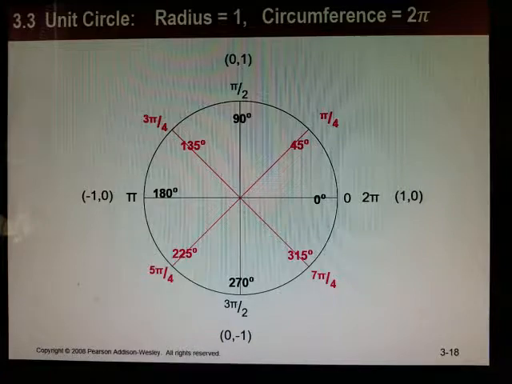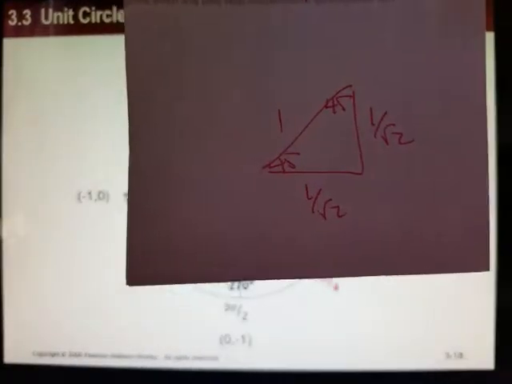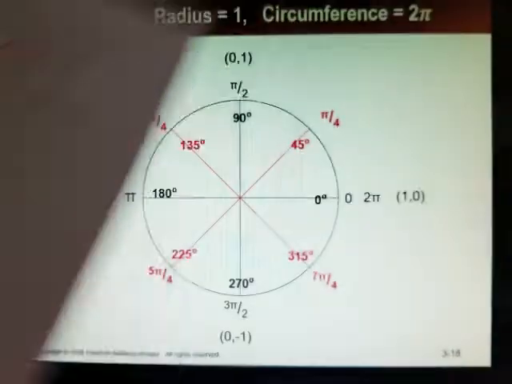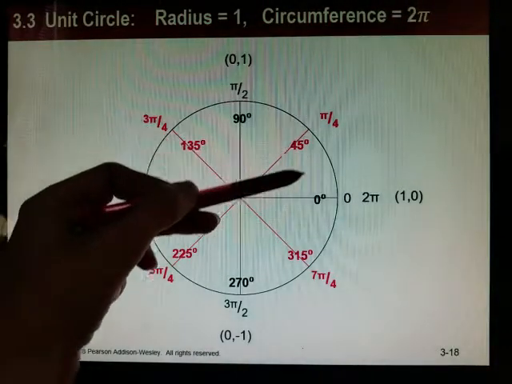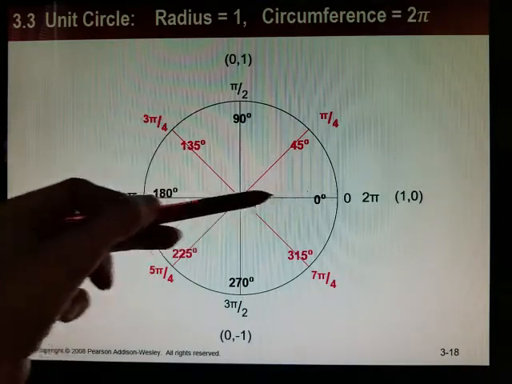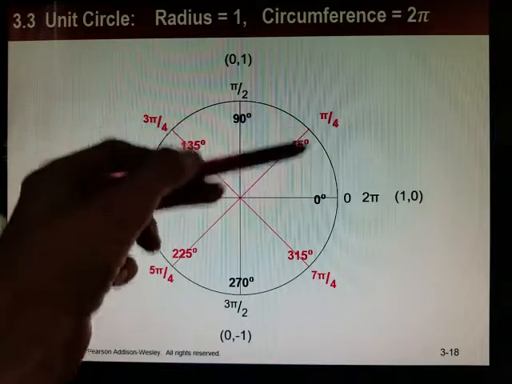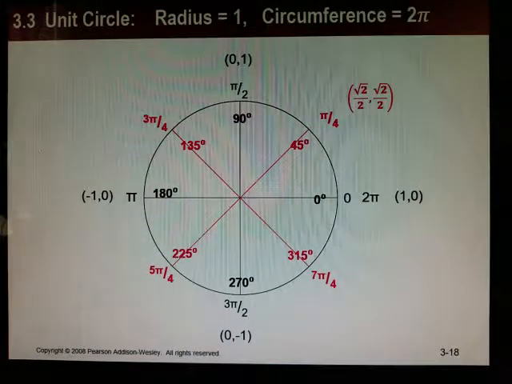Now, a minute ago, we did that 45-45 right triangle, and we said the leg was 1 over radical 2, and this leg was 1 over radical 2. Right here you have a 45-45 right triangle. This leg is radical 2 over 2, and this length is radical 2 over 2, and that's where this point comes from. After that, everything is just symmetric.